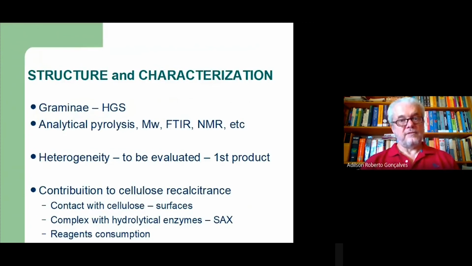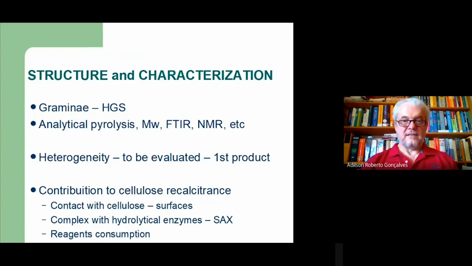So one of the problems is the structure and characterization of this lignin. We need to remember most of the lignin used at the moment is from second generation ethanol, using mainly grass materials. Then we have another nature of this lignin that must be evaluated, for example, through analytical pyrolysis, chromatographic, and spectroscopic analysis.